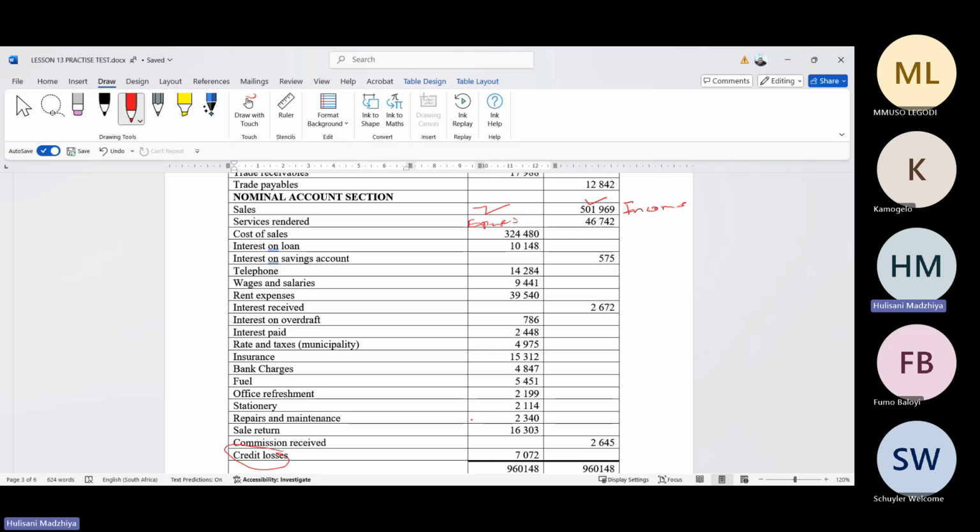So when they do not pay us, we then have what we call credit loss. This credit loss writes off the amount that the client owes us. But if the clients pay us back, even though we wrote it off, we then have what we call credit loss recovery. So under other operating income, we're going to have credit loss recovery. But if we do not manage to recover anything, we're going to have credit loss as an expense.